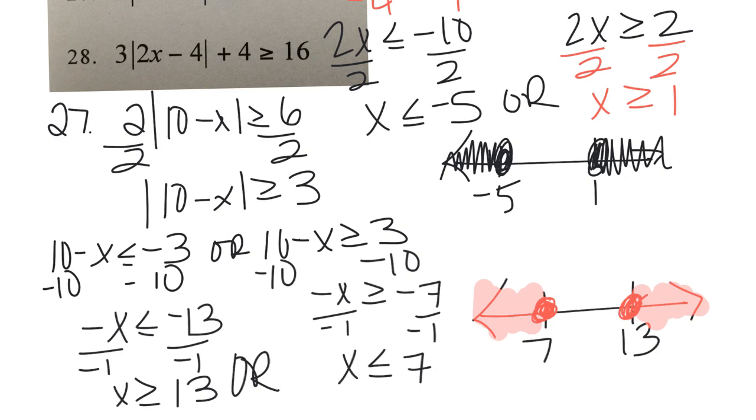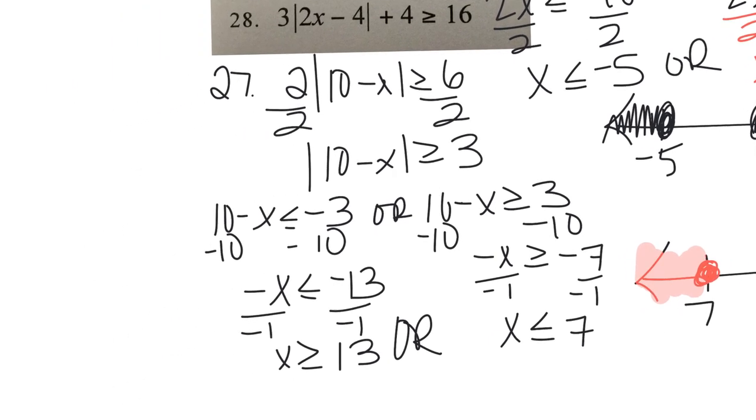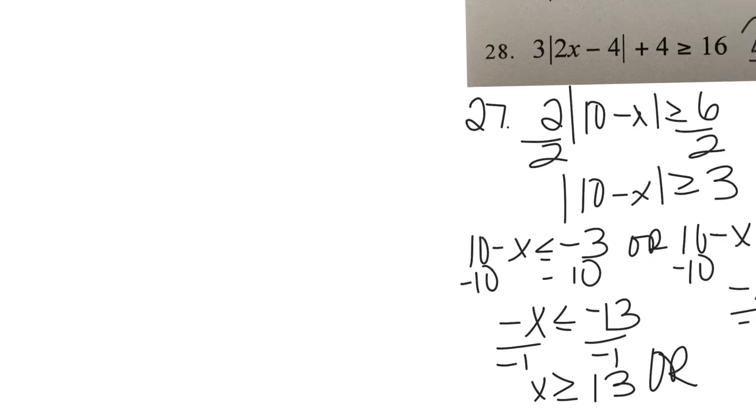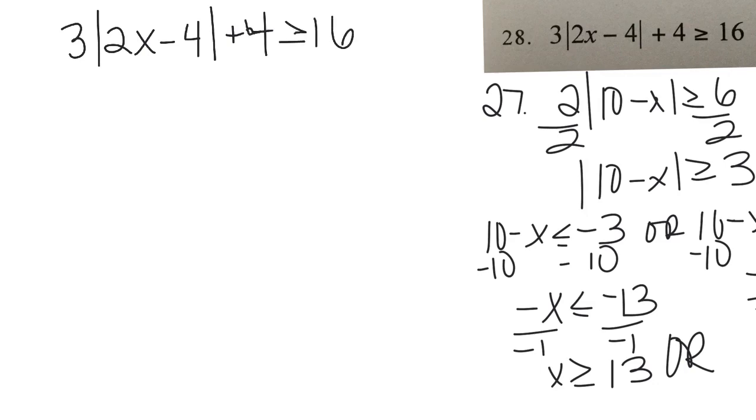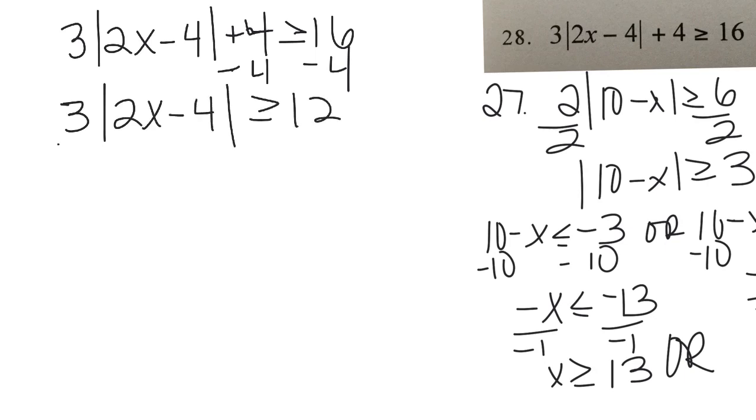And then one of our last problems here, I'm going to move it over so I can see it all. 3 times the absolute value of 2x minus 4, plus 4, greater than or equal to 16. Get the absolute value by itself by subtracting the 4. 3 times the absolute value of 2x minus 4 is greater than or equal to 12.